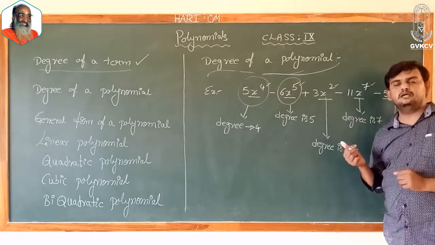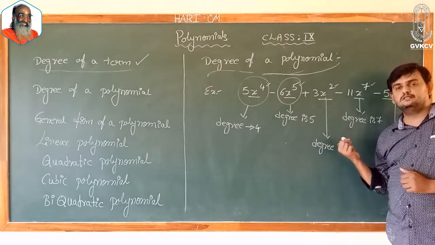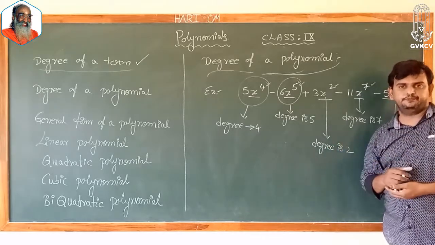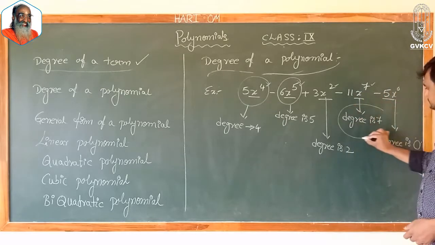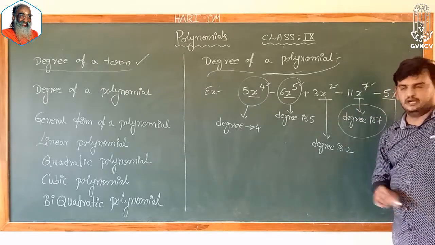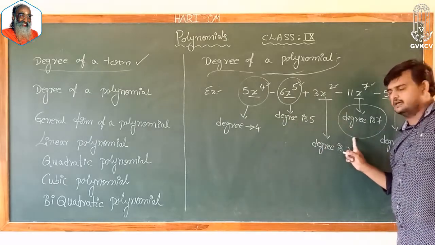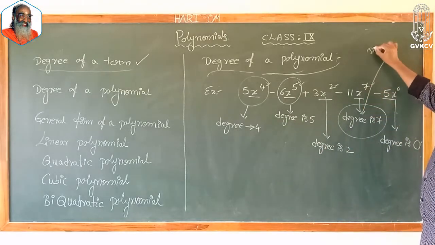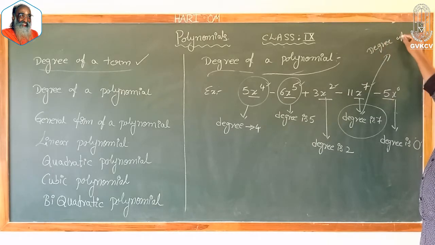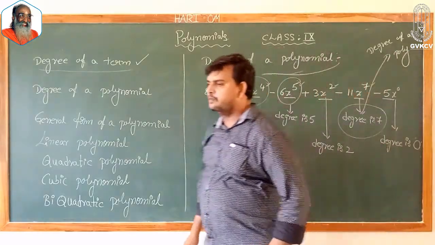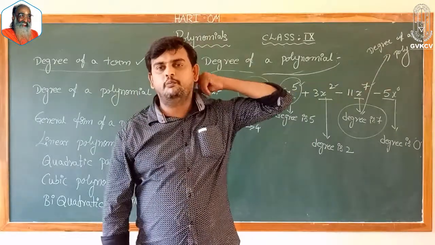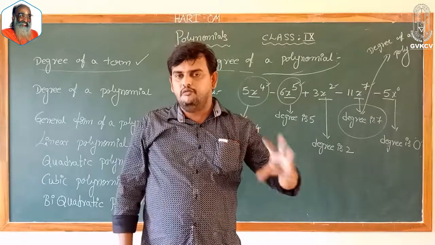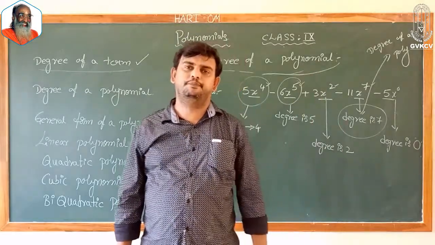Every term has a degree. Among all the degrees, whatever is the highest, what is the highest? 7. The highest degree is 7. This 7 is called the degree of a polynomial. So what we are doing here, first we consider how many terms we have and find the degree of each term.